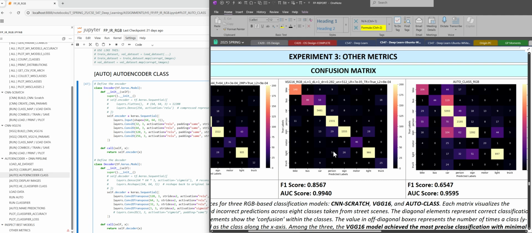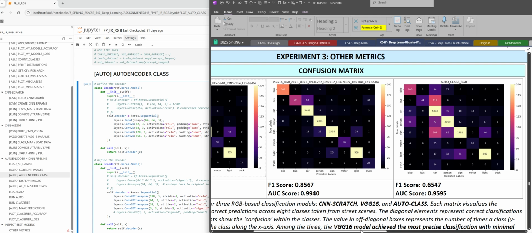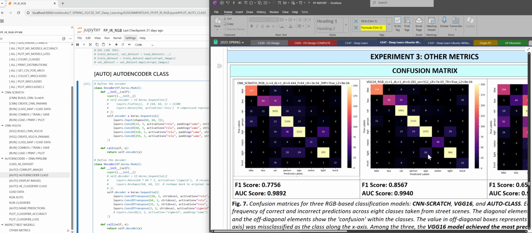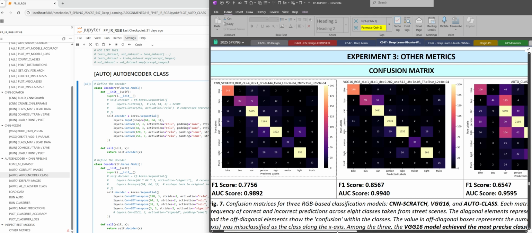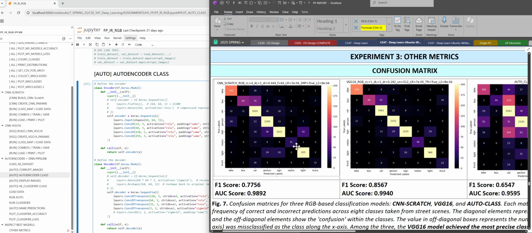Person and light was only confused 5 times for the VGG16 model. It was confused 32 times here, and 28 times for the Scratch model. And then they all confused sign and light more often, which makes sense just intuitively, because the human eye would probably have the same difficulty.